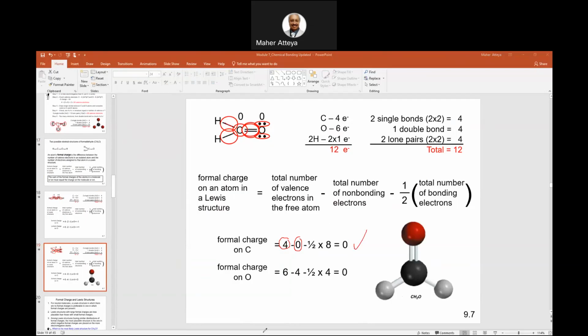That's correct. Let's do oxygen. We have 6 total from the periodic table, group 6. Minus non-bonding, 2 sets, 4. Minus half of the bonding. We have 2 sets of bonding here, 4, half is 2. So 6 minus 4 minus 2 is 0. So whether you do it the way of the calculation or the short way, both are correct.